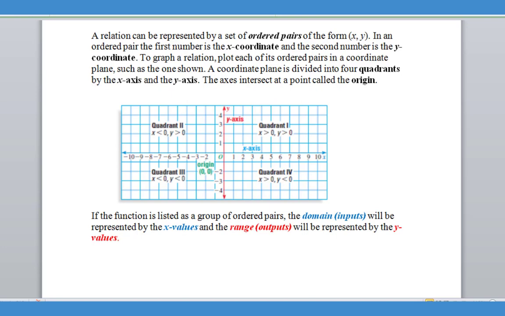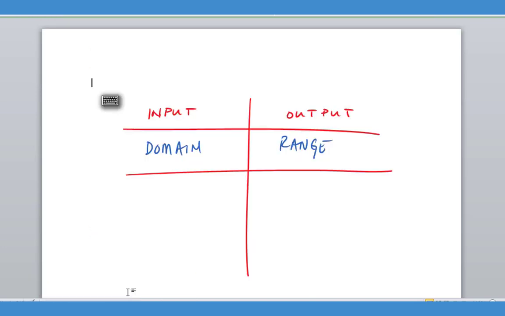Now, how does it fall into what we're learning here today? Well, the XY ordered pair represents a relation, and since the X is the first value, it is considered the input value, and then the Y value is followed and is considered the output value. And so if we go back to our little table that we were working with a little earlier, we can see very simply that now the X's, which is considered an input value, must also represent the entire domain.